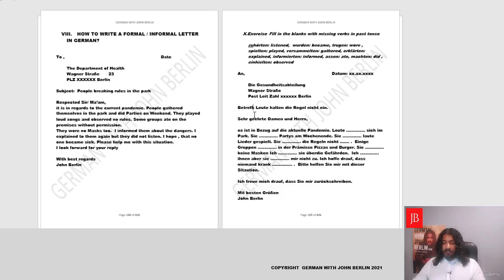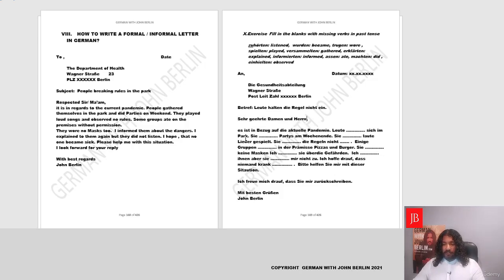Then you come to Betreff. What is Betreff? Betreff is basically just like in English you say subject. In German it's Betreff, which means concern. It comes from the verb betreffen, to concern. It's the concern which we'll be writing here, and then we'll be writing the Anrede. It's like the salutation.